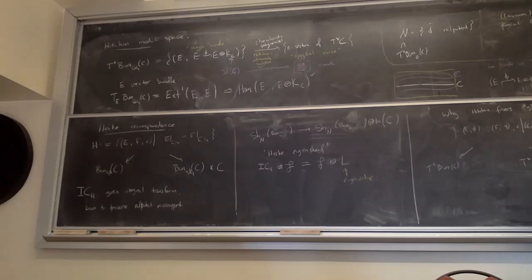Yes. Yeah. So this shouldn't have been just a C. I should have called this a point C in T star C. And so at the moment I've only explained the map to C. And let me explain about this map to T star C.